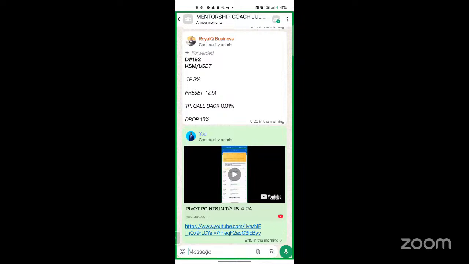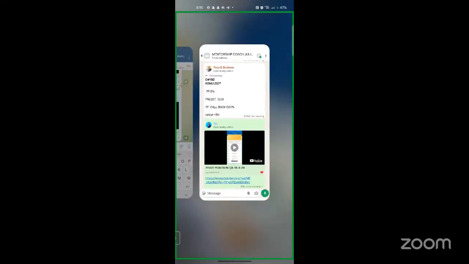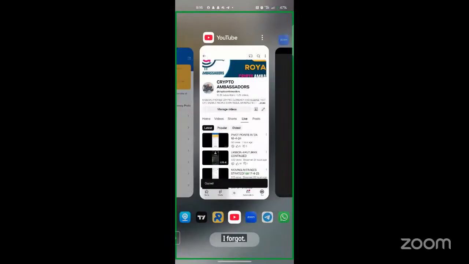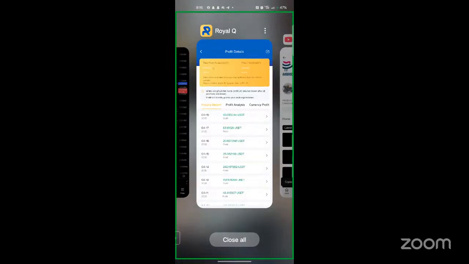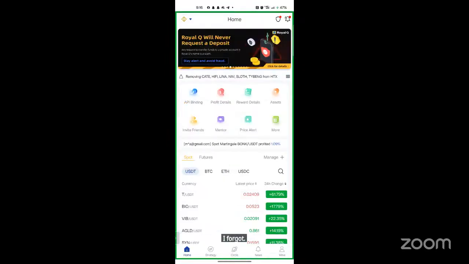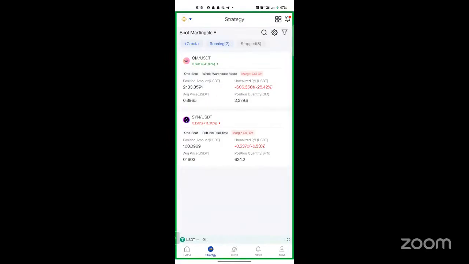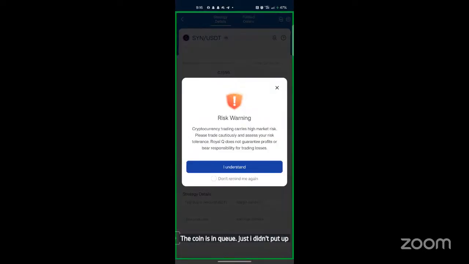I transferred my delisted coin from Binance. I forgot. The coin is in. It's here. Just I didn't put up margin calls, man.